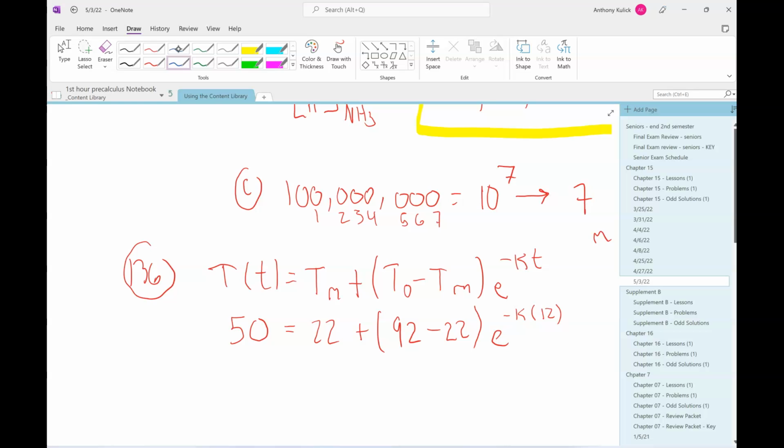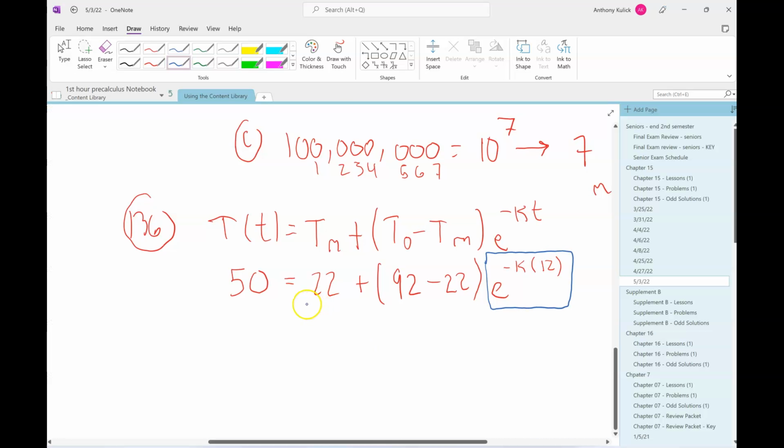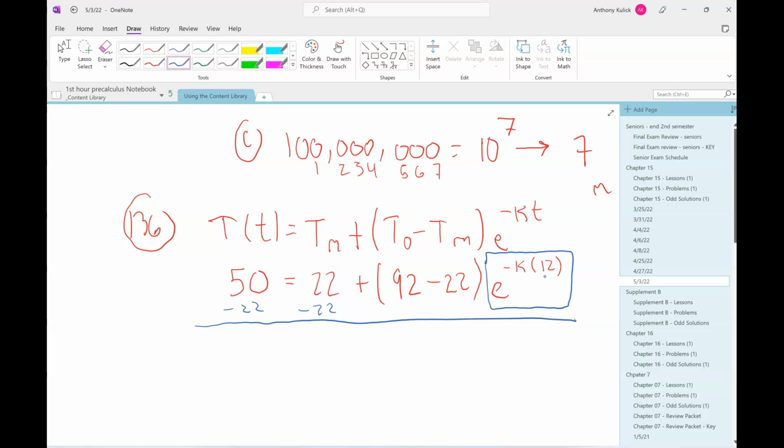So my first order of business is to get that exponent part all by itself. What do I need to do in order to do that? Should you distribute it out? So this is the exponent part, right? So let's get rid of this 22, just like we would with a linear equation, like A equals B plus CX kind of thing.